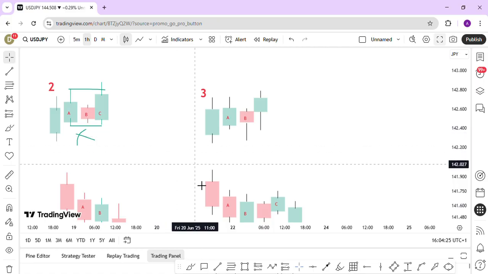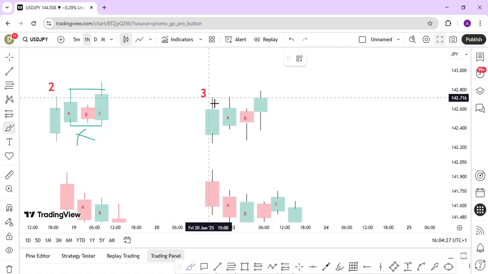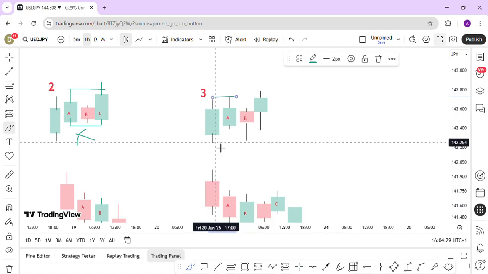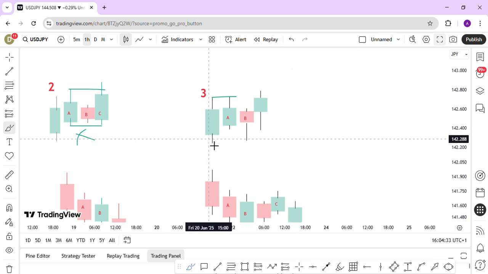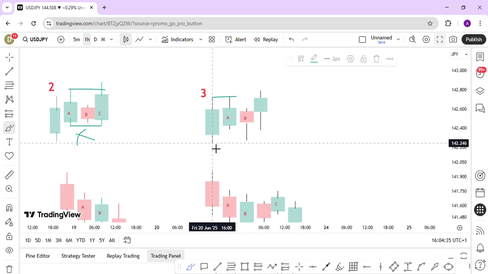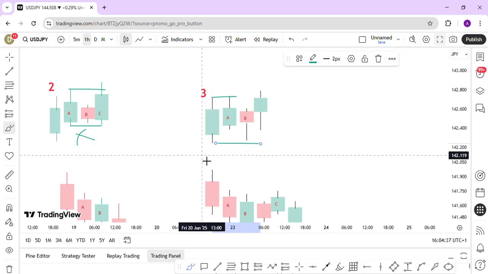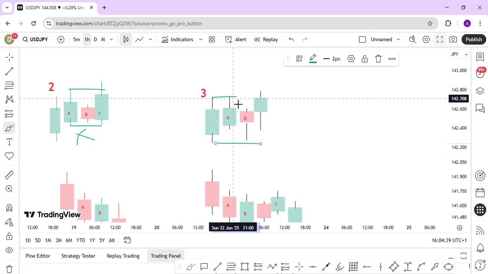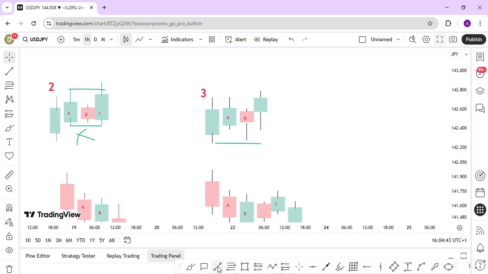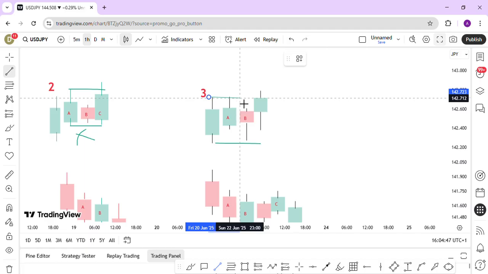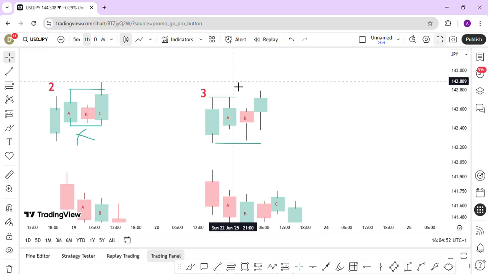Now look at example 3. The first level was taken out. This is the low of this first level, and this is the low of this level. When this happens, A is at the same level as this first candle that was created.